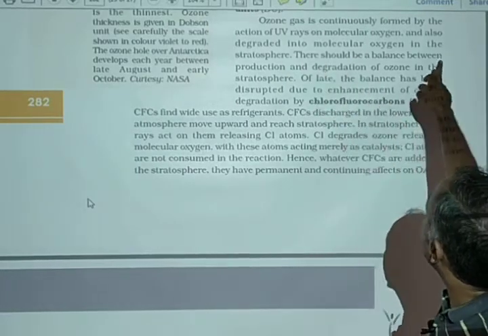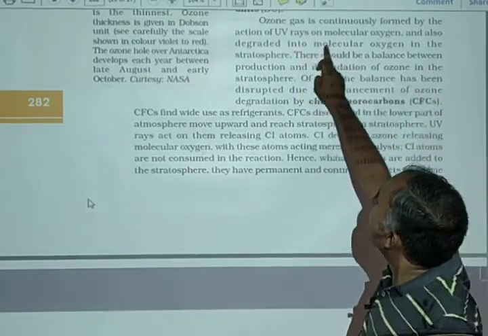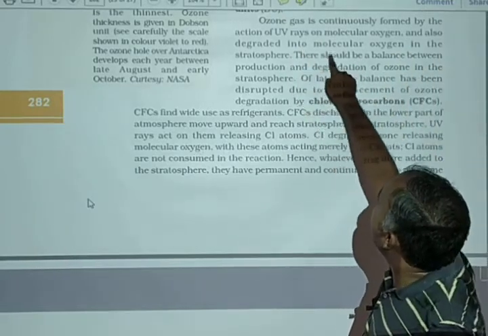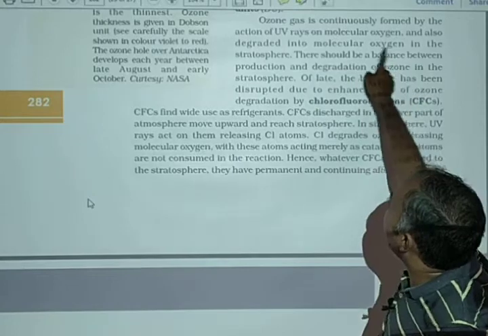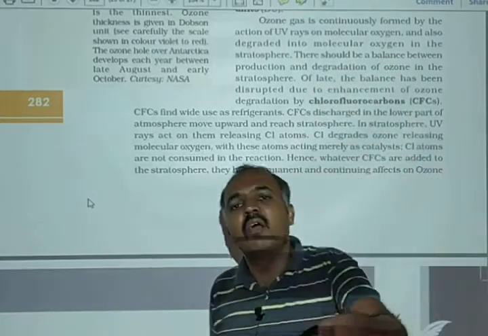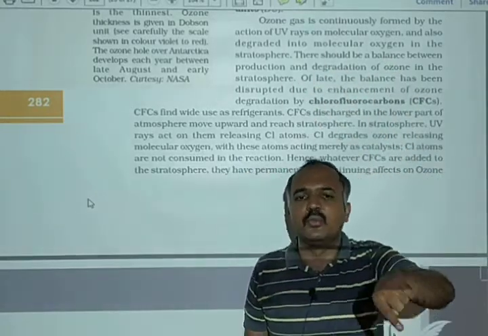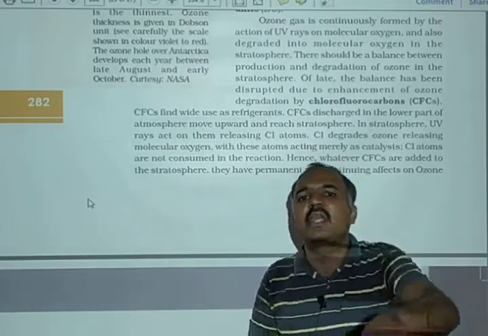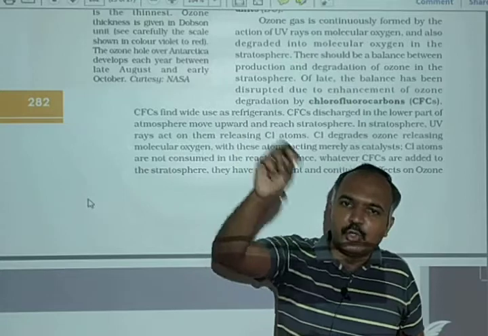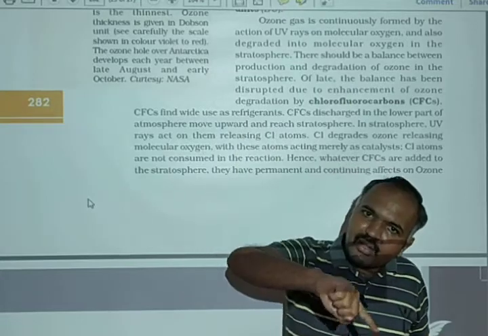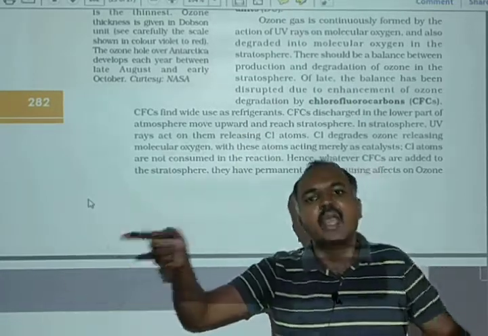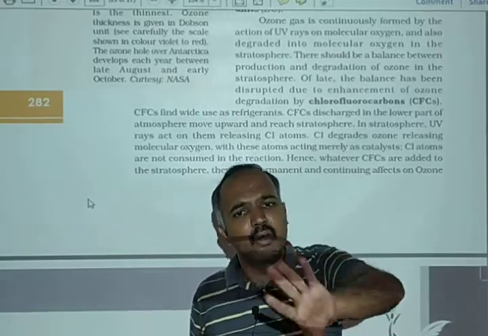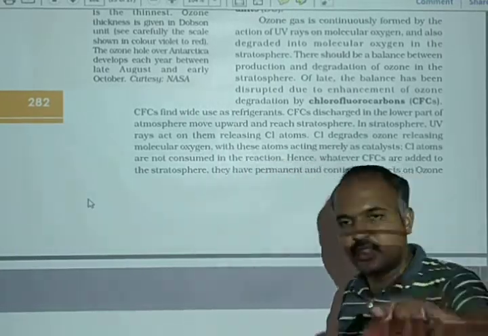Ozone gas is continuously formed by the action of UV rays on molecular oxygen, and it is also degraded into molecular oxygen in the stratosphere. So UV rays work on molecular oxygen to produce ozone, and UV rays break ozone to produce molecular oxygen.